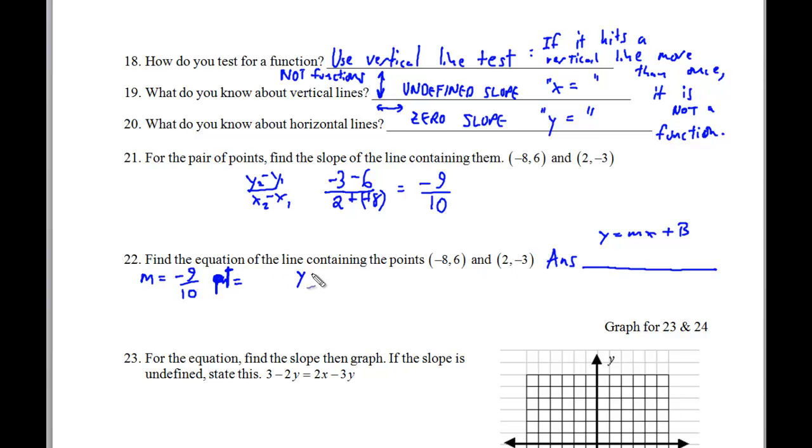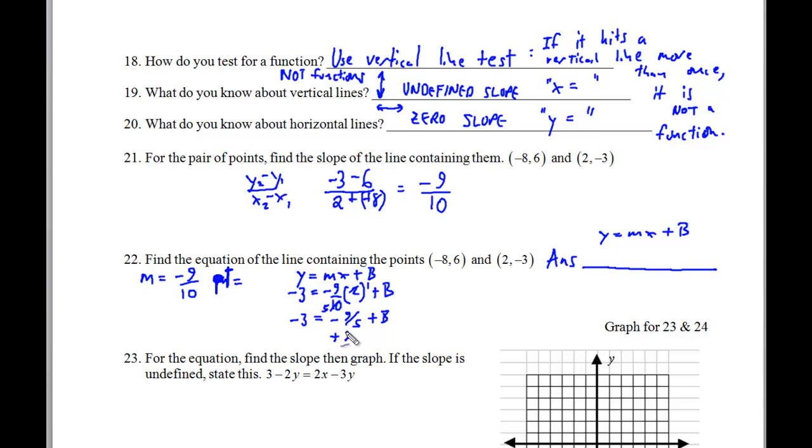So I'm going to step 1, write my y equals mx plus b. Then step 2, I'm going to plug in my numbers. I'm going to plug in for my y, my negative 3, plug in for my m, my slope, my negative 9/10, and plug in for my x, my point, which is 2, plus b. Now my goal here is to figure out my b. So this is going to be negative 3. Multiplying 9/10 times 2 on the calculator, this actually simplifies to 9 over 5, so this is negative 9/5 plus b.